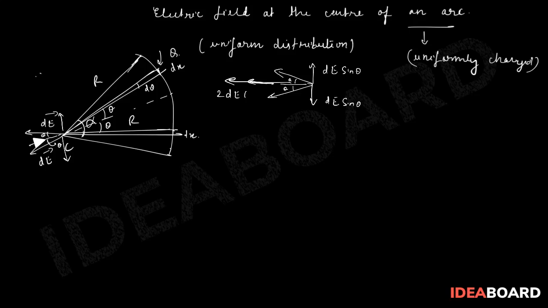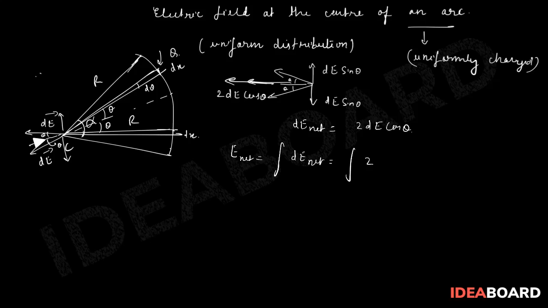This will give you 2 dE cos theta, correct? So dE net will be equal to 2 dE cos theta, right? And now I want to calculate the total electric field. So E net will be equal to integral of dE net.